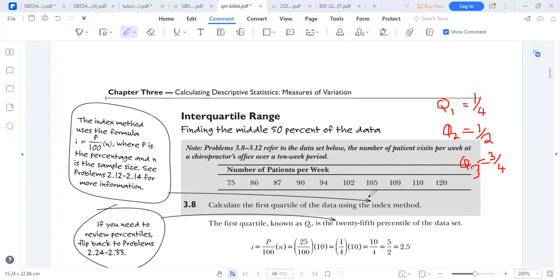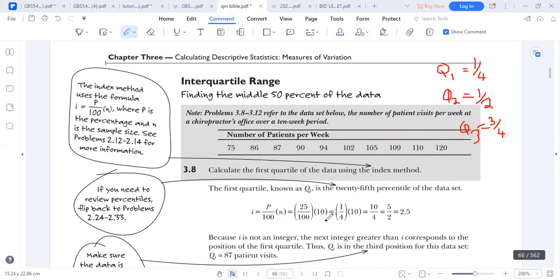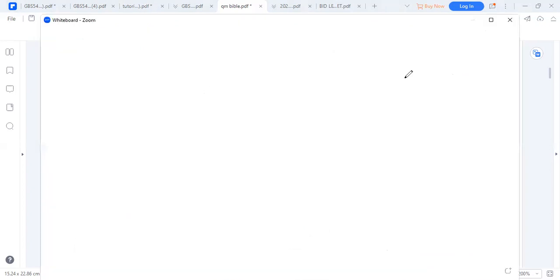So the first quartile, the 25th percentile, is simply 25%, a quarter of n. Now, I need you to understand that if we're dealing with a decimal, you round up. If it's a whole number, you add that number and the next number, then divide by 2.